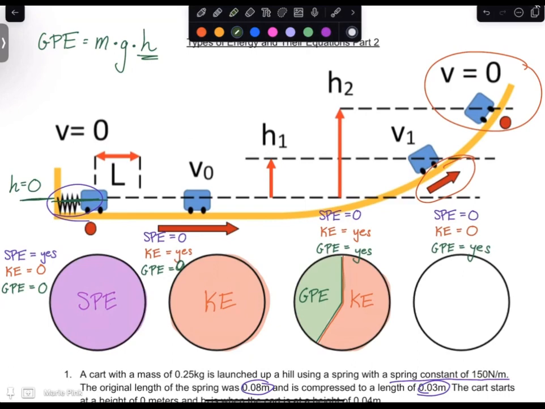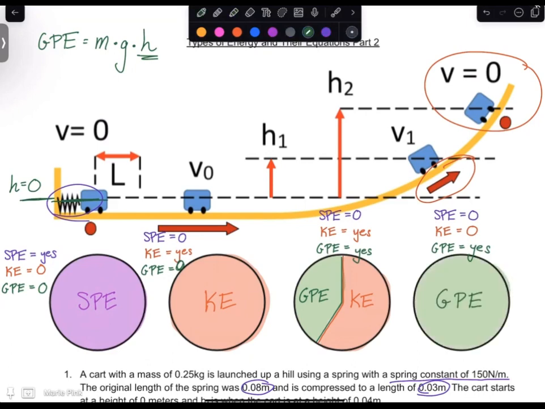If it's halfway up, then it will be divided half and half. If you divided it half and half, that's fine. Just make sure that when you're doing the table problem later, you don't think that it has to be half and half. And then the last one is all gravitational potential energy because it's not moving and there's no spring potential energy.